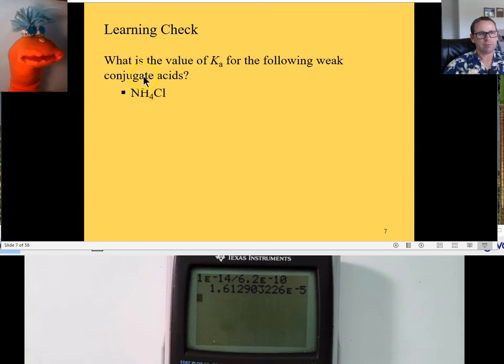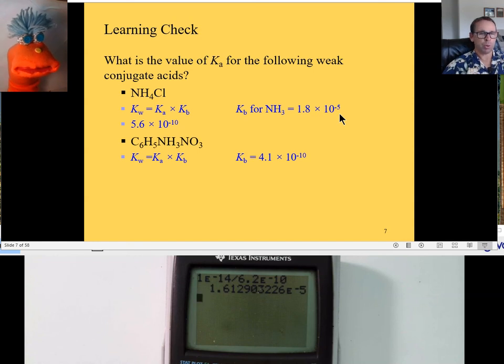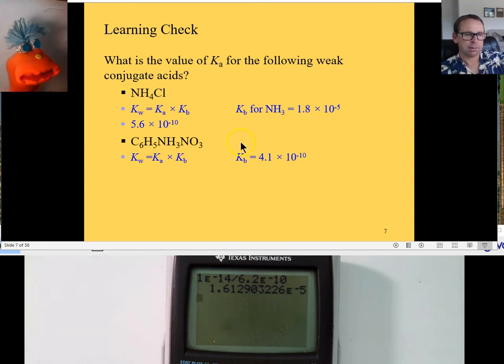How about the Ka for this compound if I know that the Kb for ammonia is 1.8 times 10 to the minus 5? Same thing. 1 times 10 to the minus 14 divided by 1.8 times 10 to the minus 5. That should give us the Ka for the ammonium ion. Very good. This one here, we have a Kb of 4.1 times 10 to the minus 10. Then 1 times 10 to the minus 14 divided by 4.1 times 10 to the minus 10.